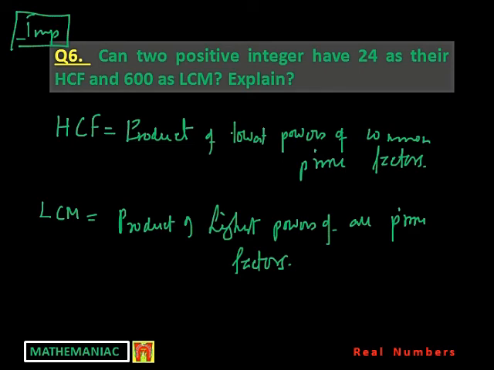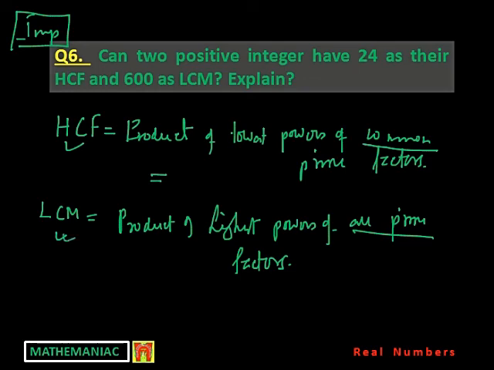Right? So now from these definitions, there is a very important observation to be made. Product of lowest powers of common factors of all the numbers, all prime factors. So what do you expect? Are all the factors involved in HCF also involved in LCM?